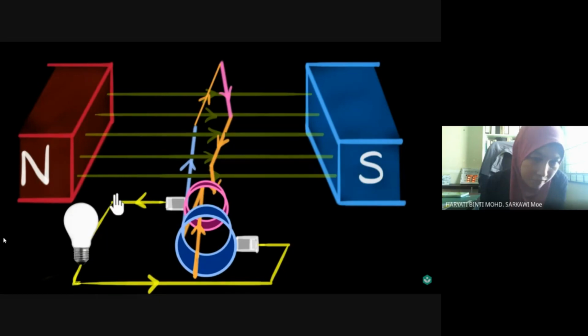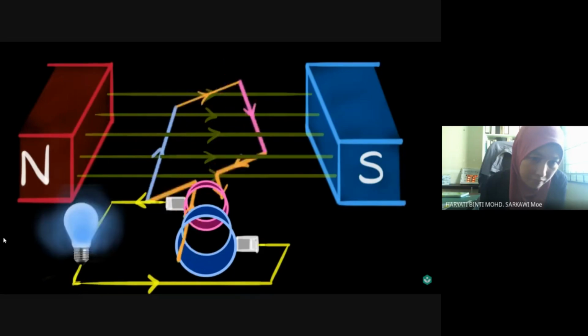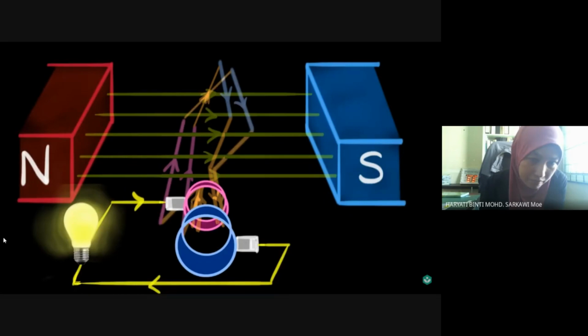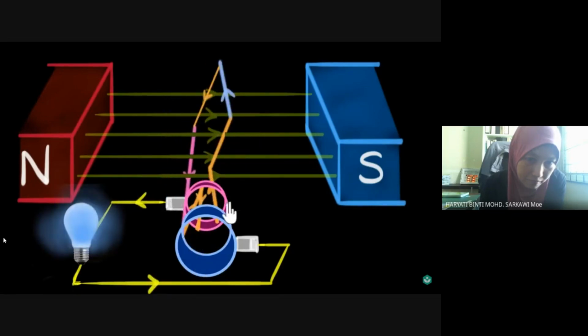Let's say when the current is flowing this way, the bulb glows blue, and when the current reverses and flows like this, the bulb glows yellow. If you look at the entire animation, it looks somewhat like this, and so we have successfully built our generator.